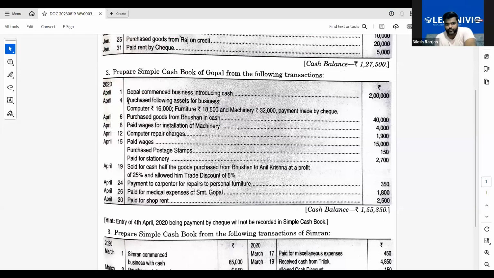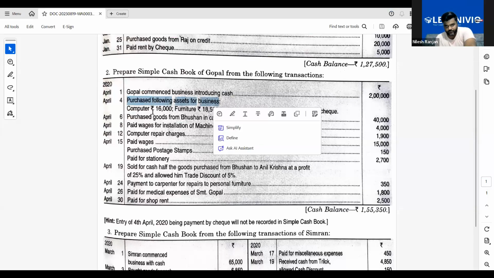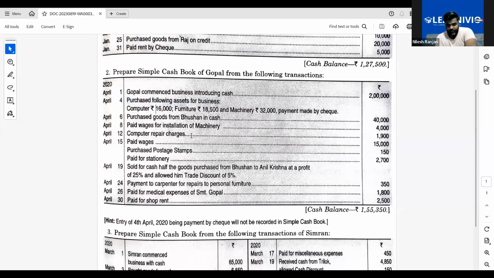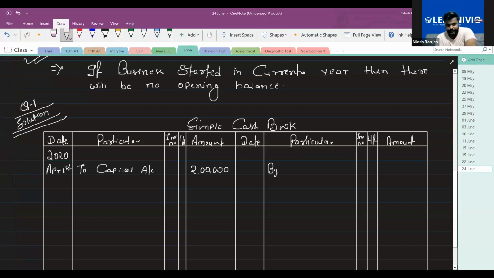Purchased following assets for business. We have purchased many assets, April 4th: computer, then furniture, machinery.